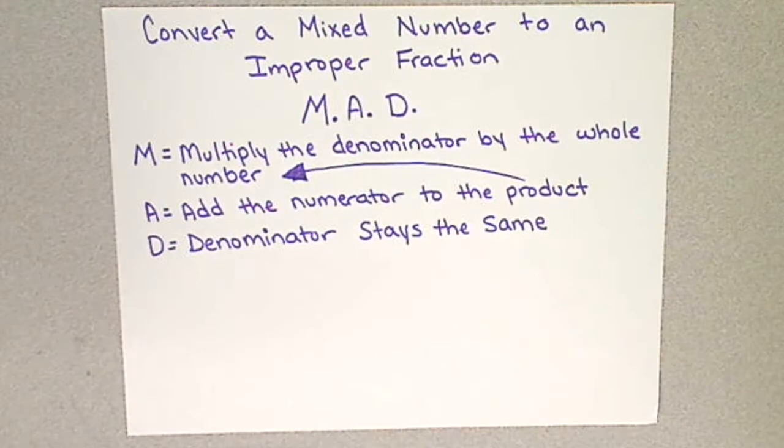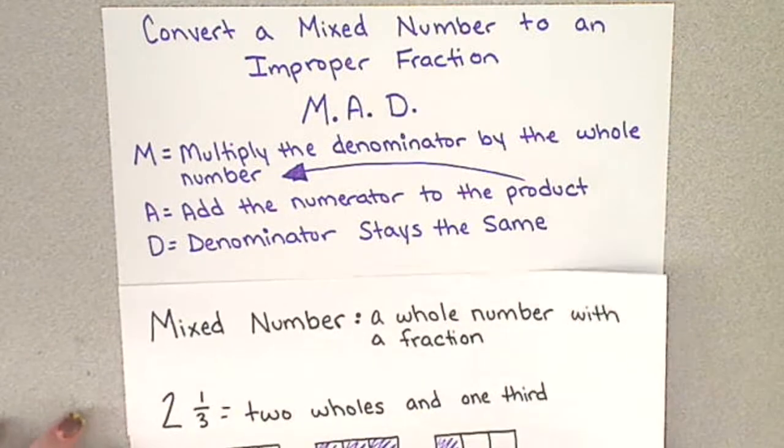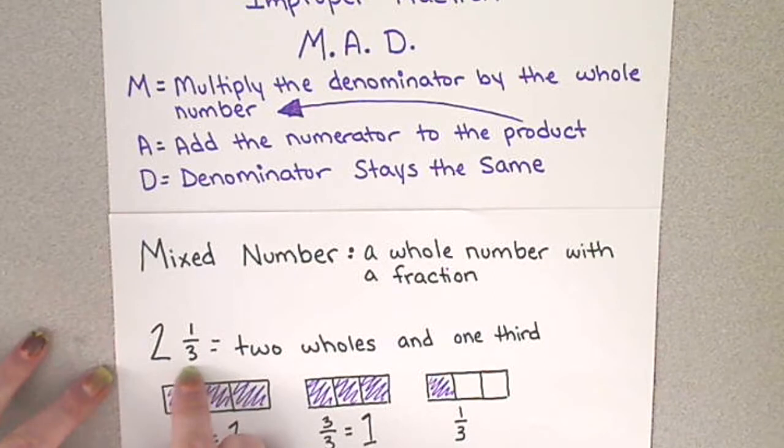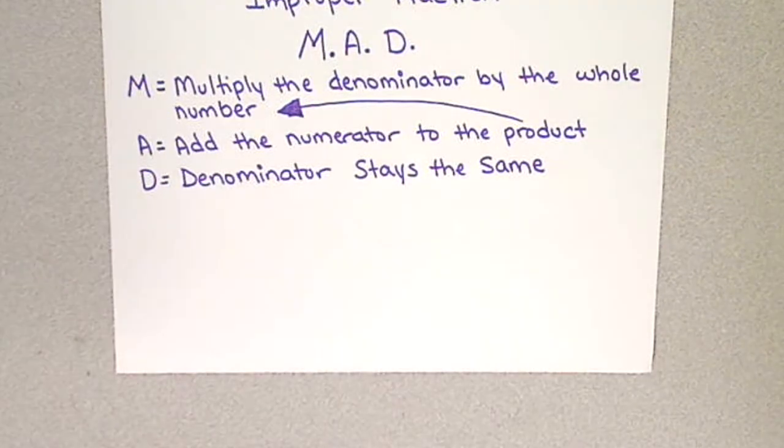Okay? So let's look at our example. So earlier, we started with the mixed number 2 1/3. So let's see what happens when we use our strategy to convert this.